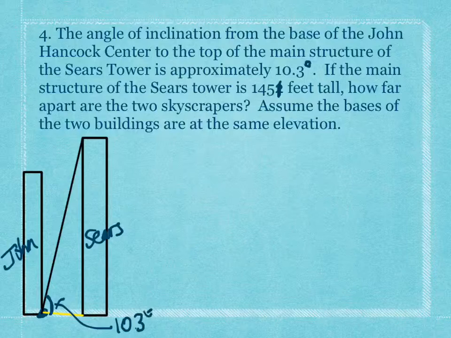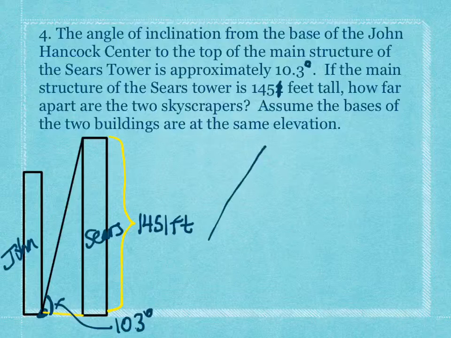And I'm told that I have the height of the Sears Tower. That's this piece right here. After we fixed it so it matched your notes, I have 1451 feet. Do you see the triangle? I don't have it labeled quite as such, so I can draw it again.